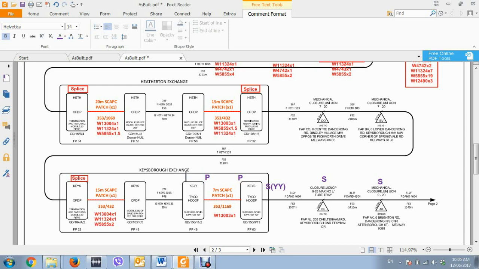As we said before, here this is an HD ODF. So we have a patch and splice, but here this is an internal cable inside the exchange. So what are we going to write here? We will not write SYY.